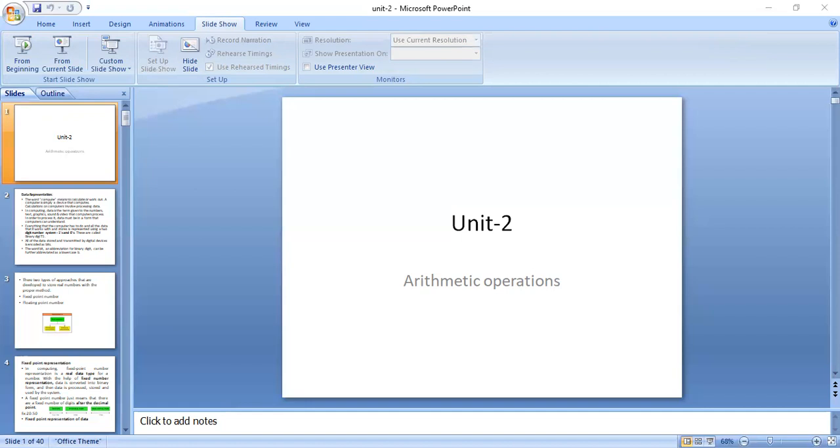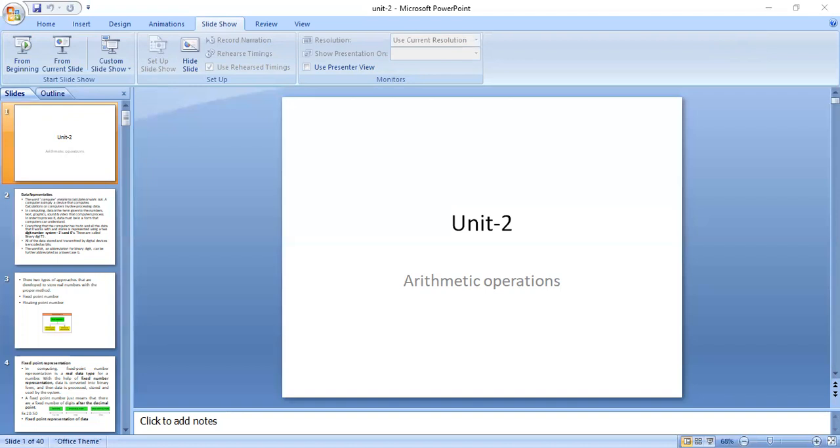So in this video, I explain multiplication algorithm in computer architecture. In the previous video, I explained binary arithmetic operations: how to convert integers to binary numbers, binary conversions, one's complement, two's complement, and how to perform binary operations like addition and subtraction, all with examples.